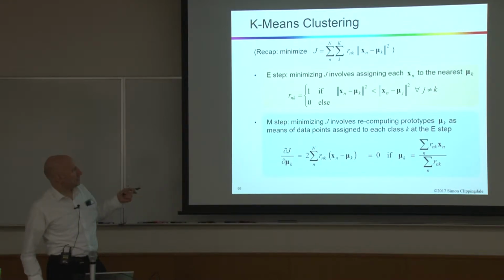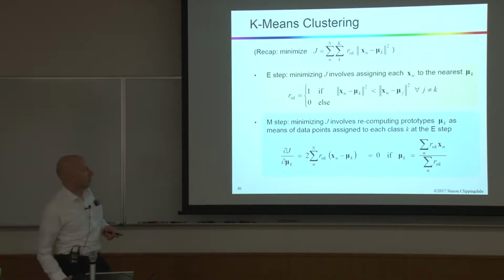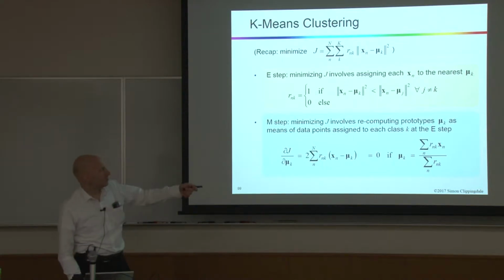And then the M step involves recomputing the class means as the means of the data points assigned to each class in this step. And here's a derivative, and you set that to 0, and it gives you this solution for the class means, which is just the average over all members of that class.